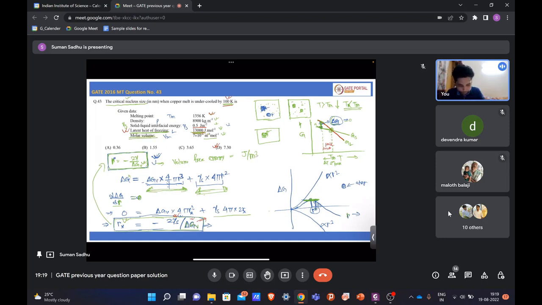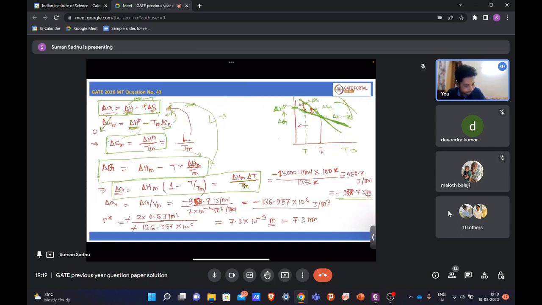So what you have to do, that delta G we have calculated, 958.7. So delta GV is equal to delta G by Vm. You have to divide it by molar volume. So if you divide by molar volume, you will get that delta GV is minus 136.95 into 10 to the power 6 joule per meter cube.